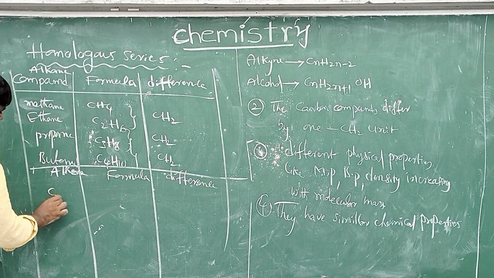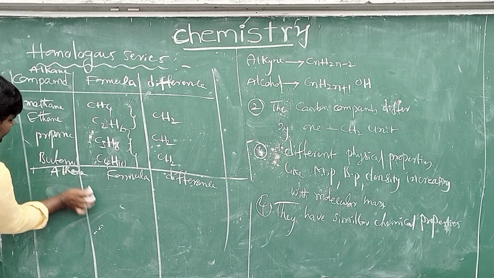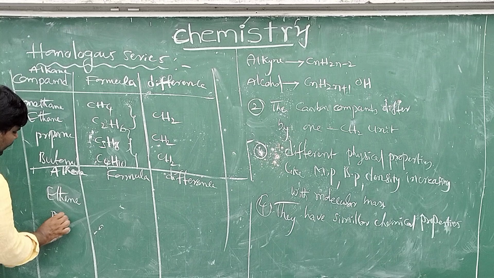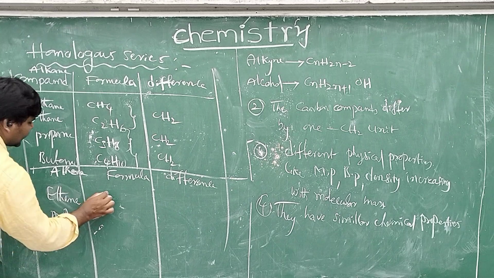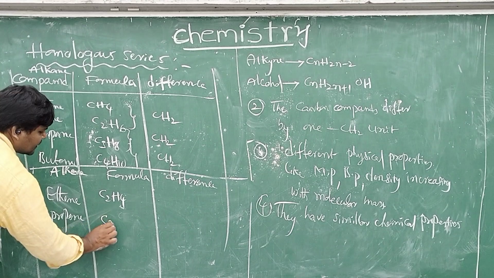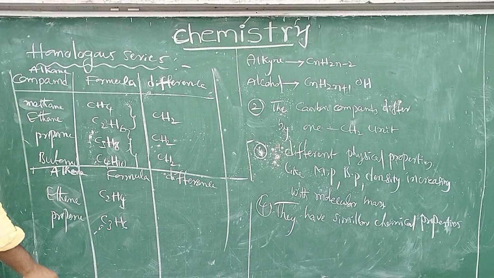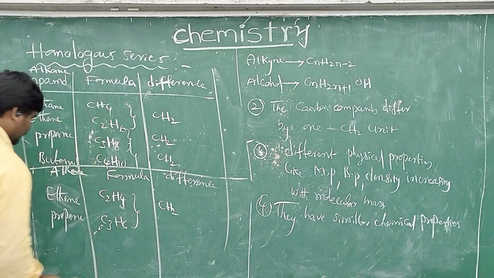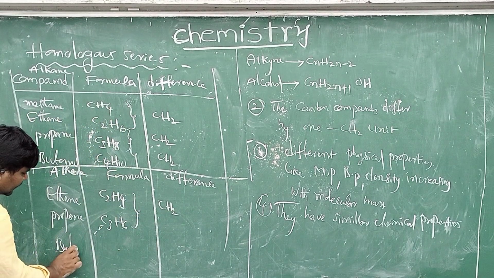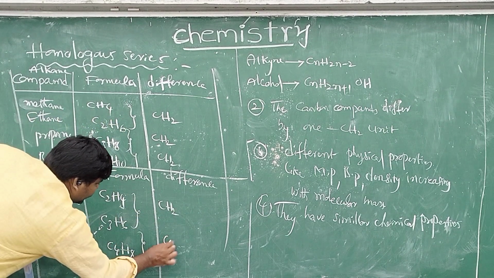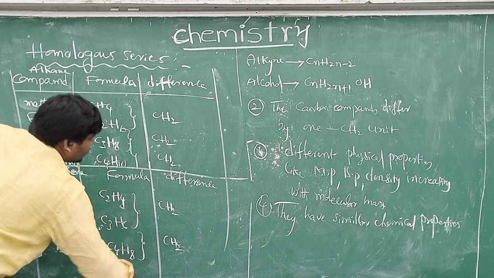If you take C2H4, that means ethene, propene, that is C2H4, C3H6. Their difference is equal to CH2 only. Butene, C4H8, difference between these two compounds is also CH2.